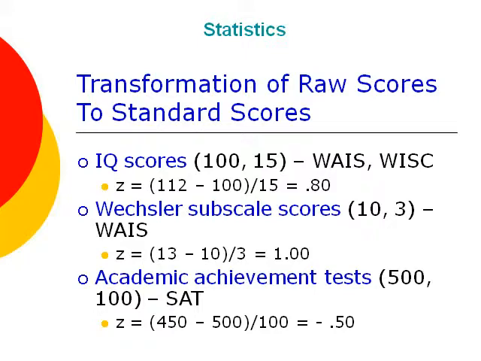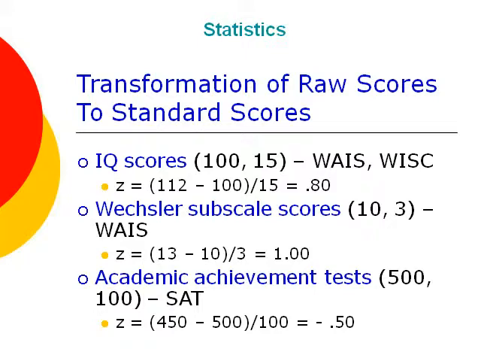A standard score is also used in academic achievement tests and transforms scores there such that the mean of the new distribution is 500 and the standard deviation is 100. Using the z-score formula, we can verify that a score of 450 is 0.5 standard deviation units below the mean.